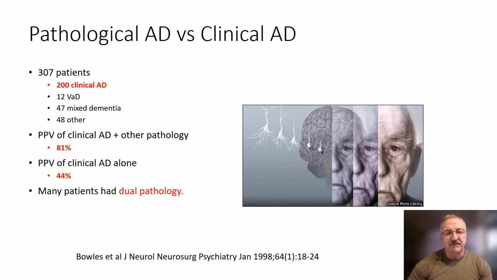But the positive predictive value of clinical Alzheimer's disease alone was much less than half, in those who were given clear criteria of Alzheimer's disease alone. And that many people had dual pathology, and this is what I want to be one of the take-home messages for you all, is that most patients have dual pathology. Up to 60% of patients have dual pathology, and we must be comfortable with that.